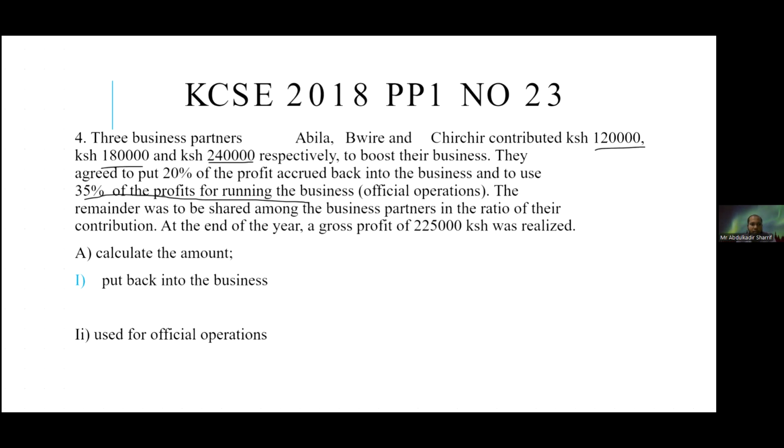So for question A, calculate the amount, Roman 1, put back into the business, Roman 2, use for official operations. So it's very easy. So 20% of the net profit was put back into the business. So you take 20% times 225,000.